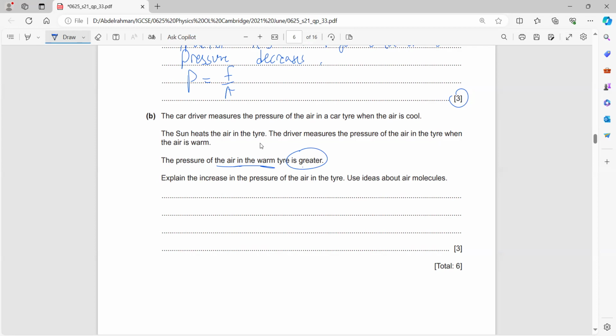We need to state 3 points. Yes, the air molecules gain kinetic energy. When they gain kinetic energy, they move faster, and they hit the walls harder. Guys, in this question you have to say that they are hitting the walls harder.